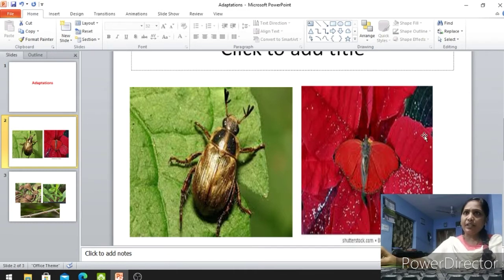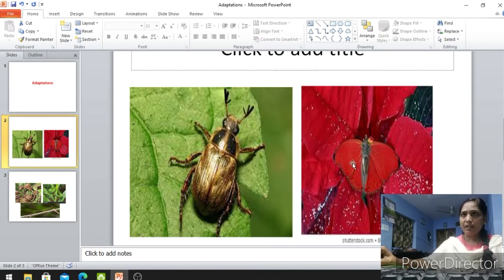For example, this is a plant with red color leaves and petals, completely red in color. And are you able to spot a butterfly here? The butterfly on this plant is also red, having red color wings and black color margins.